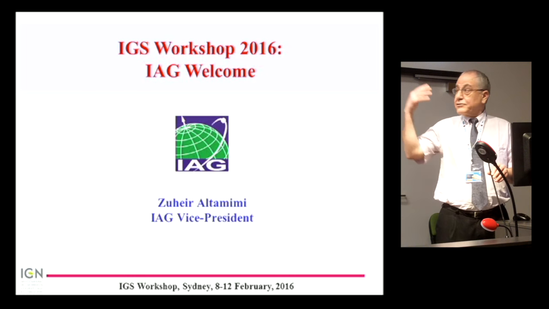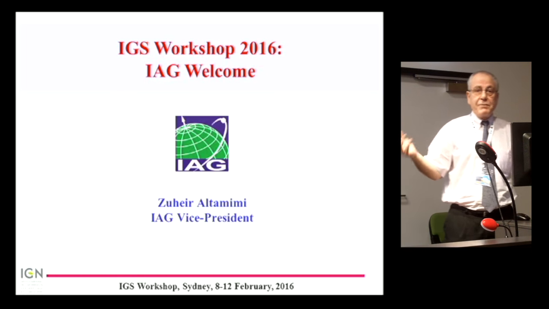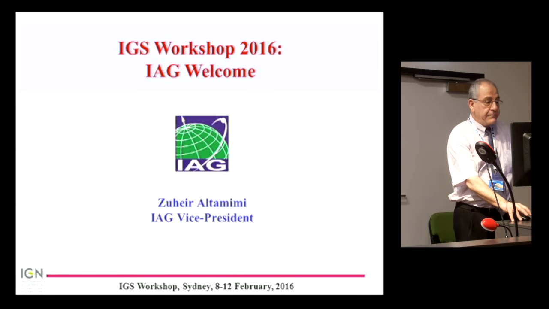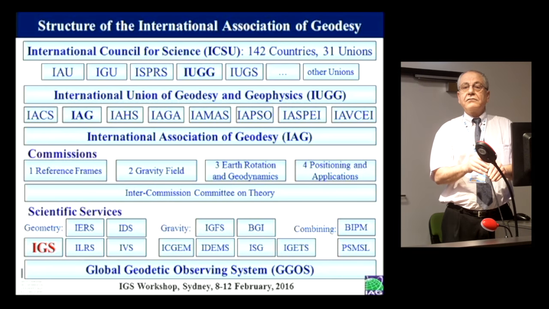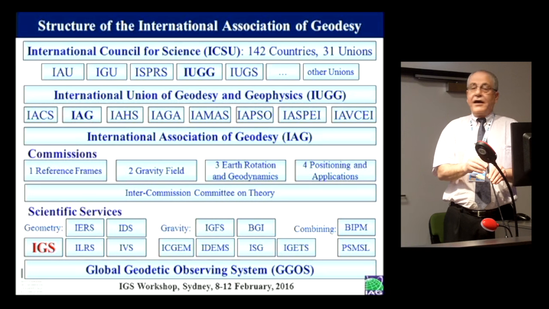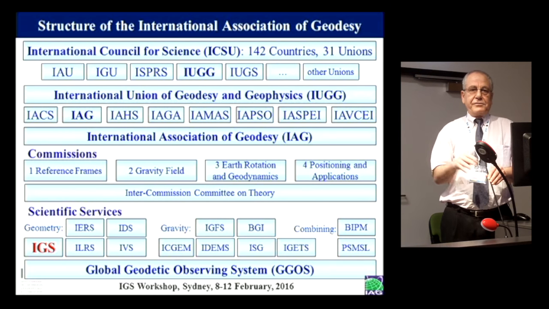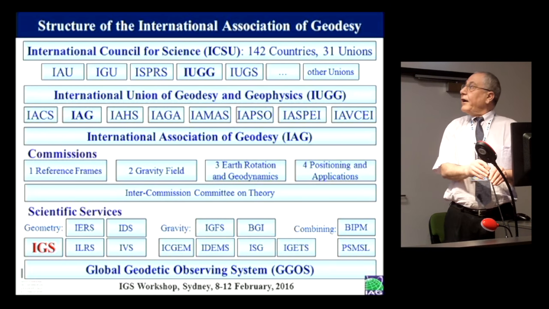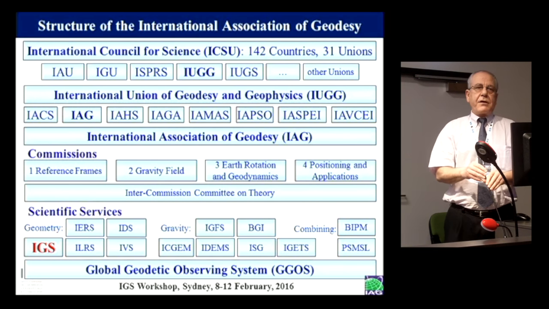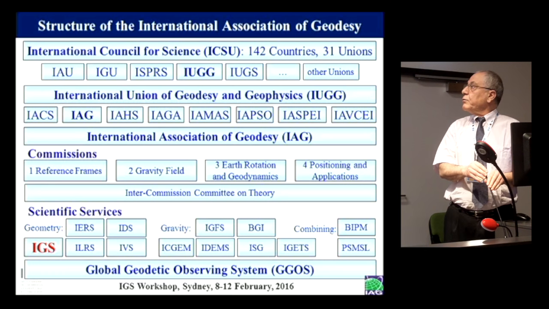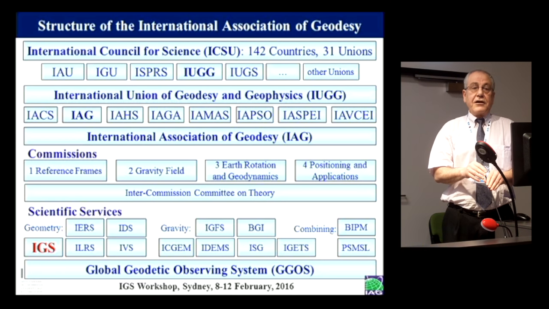I am also pleased to show you a couple of slides about IAG. And this is the structure of IAG for those who are not aware of that. It is a busy slide, but you can read it from top to bottom, or if you prefer, from bottom to up. We have the International Council of Science that comprises about 31 unions with 142 countries.